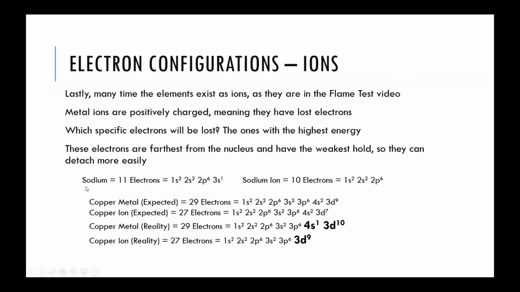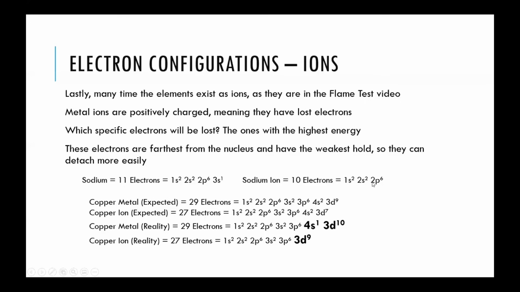So in the case of sodium, the element, there is one 3s electron. This is the highest energy electron that it has. So when the sodium metal reacts and becomes sodium ion and loses an electron, it's going to lose this electron of its highest energy level.